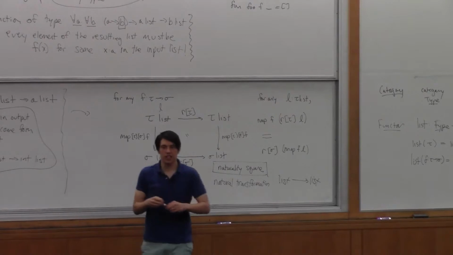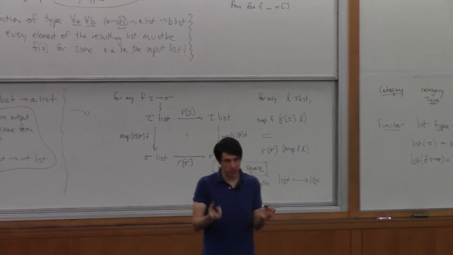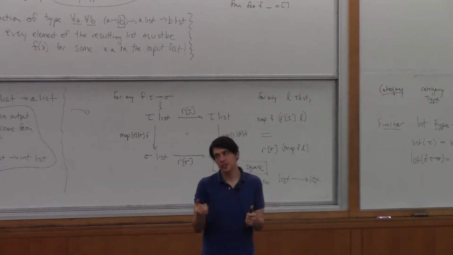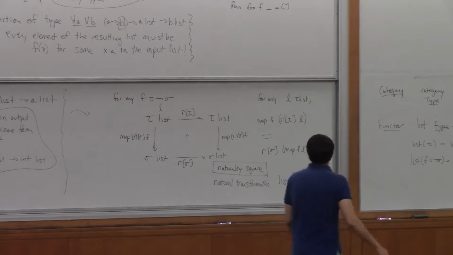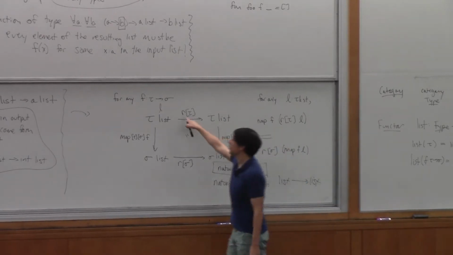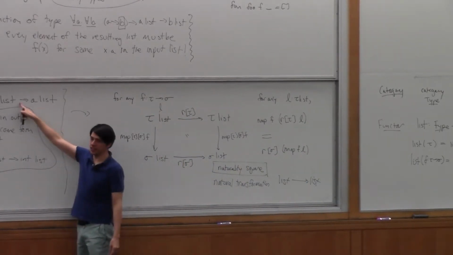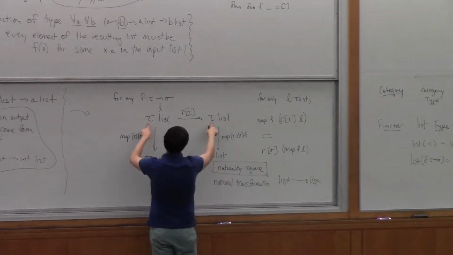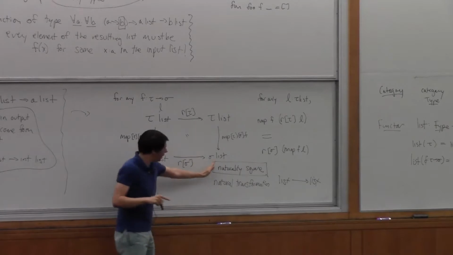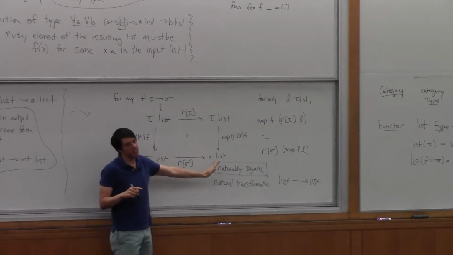There's a notion of map between categories, the functor, and there's also a notion of map between functors. And the right notion of map between functors is exactly something like R here, which is to say, for any object, tau or sigma, it gives you a map between the instances of the functor.